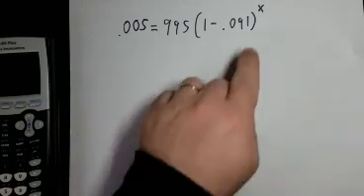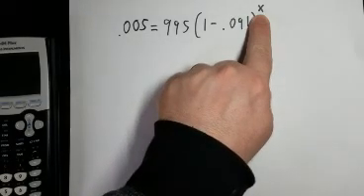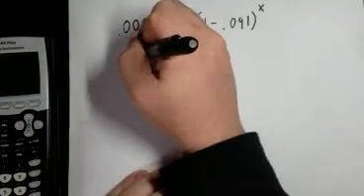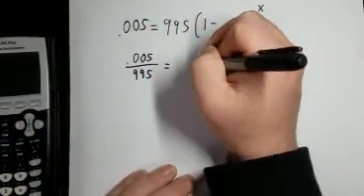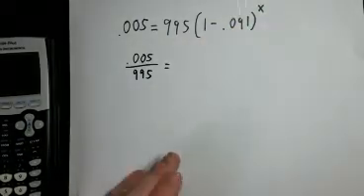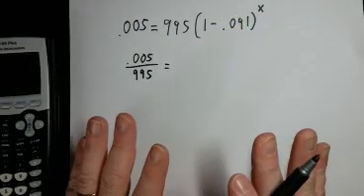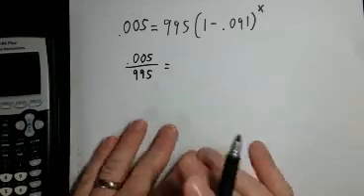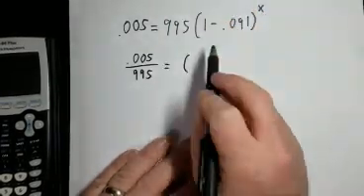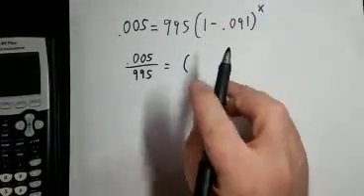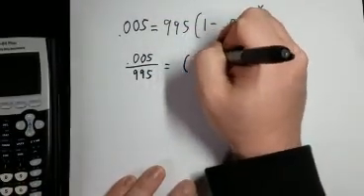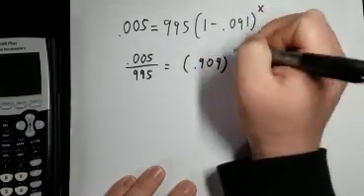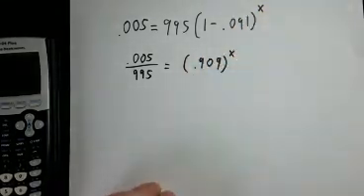We got to solve for the x, so logarithms will be needed at some point. I got to do 0.005 divided by 995. Again, crazy decimal. Don't worry about the crazy decimal. Leave it as the fraction for the time being. You could leave this as 1 minus 0.091, or you could just put 0.909, which is the actual calculation.